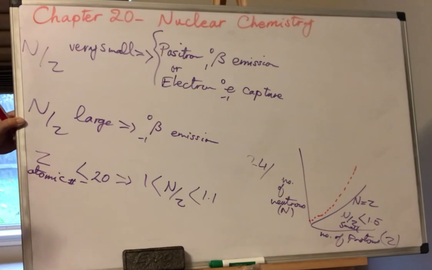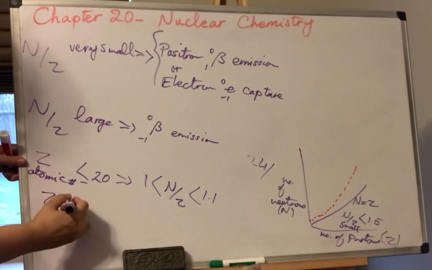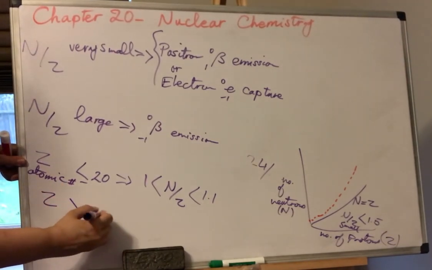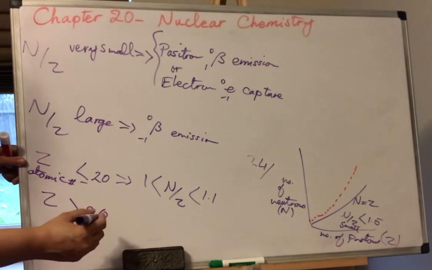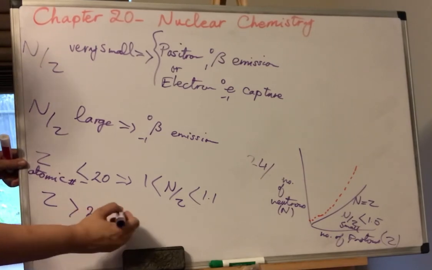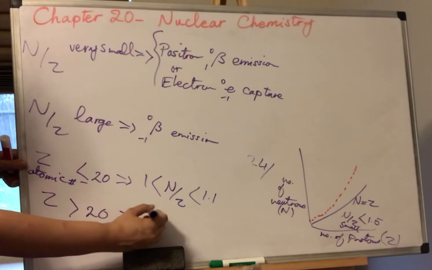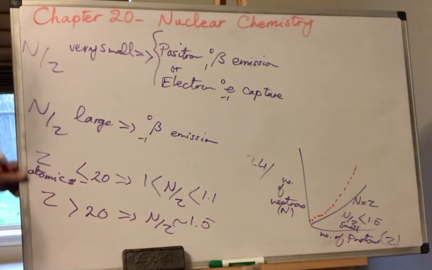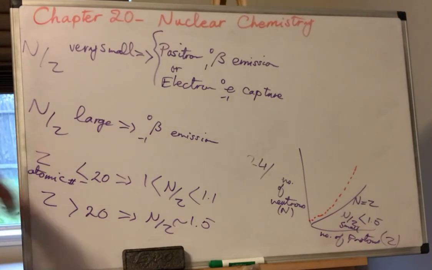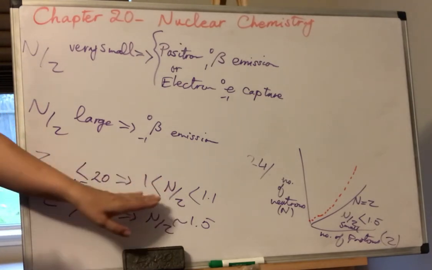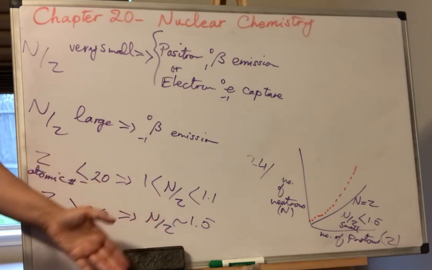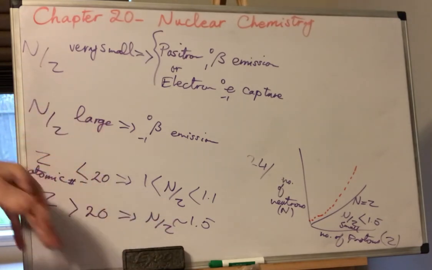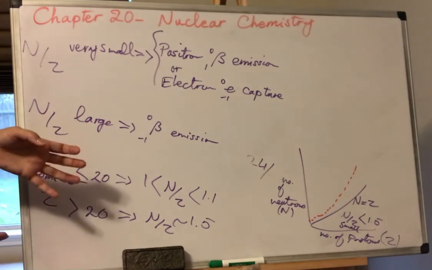And for a stable nucleus when Z is more than that, the ratio of neutrons to protons is about 1.5. Because as the number of protons increases, the repulsion between the protons increases.